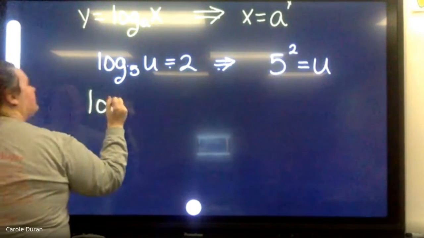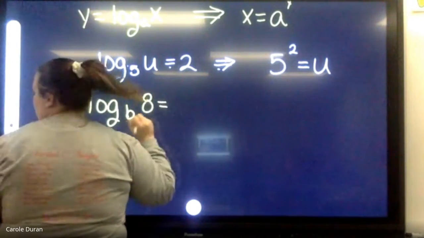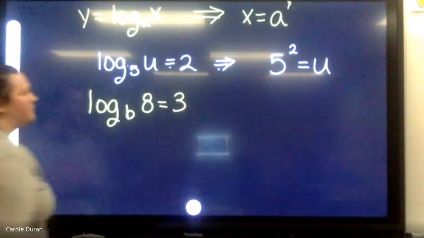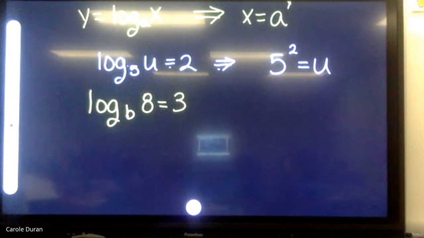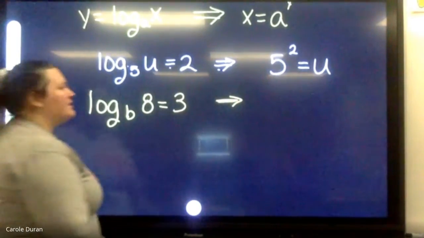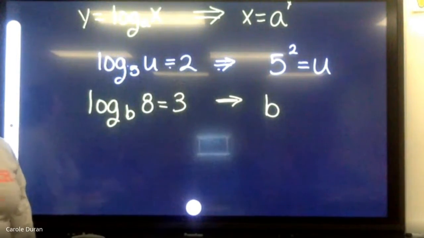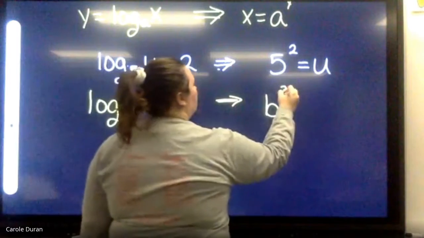Okay, so the next one is log base b of 8 equals 3. I would like to rewrite this as an exponential function in hopes that it will help me solve for whatever my b value is. The base of my logarithm is the base of my exponential. What it's equal to is my exponent.